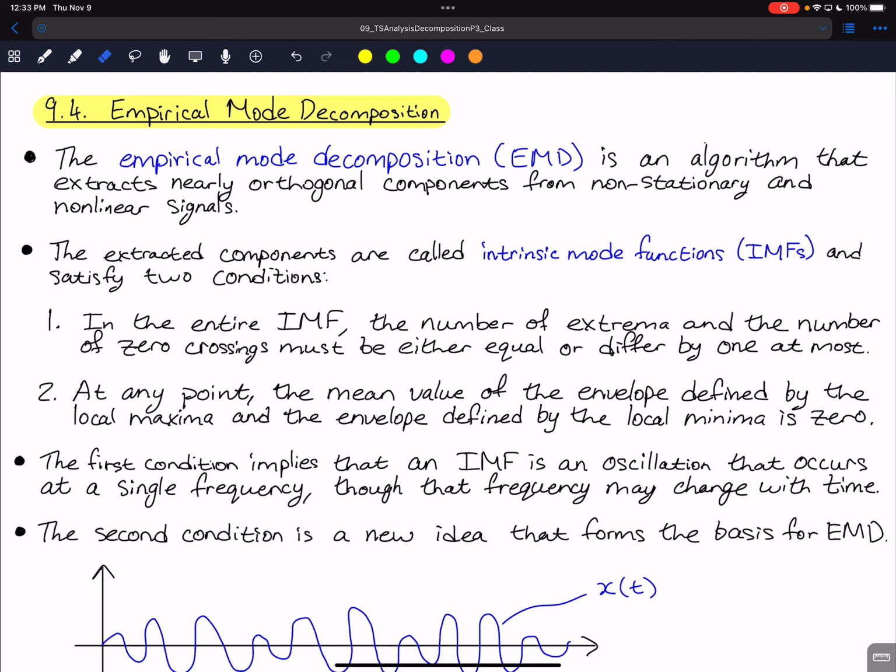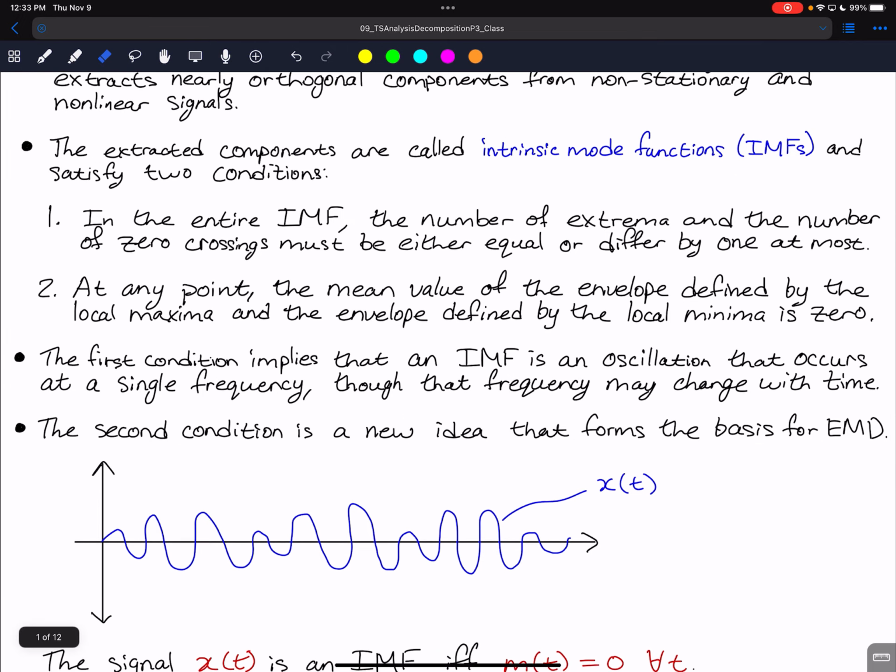That first condition is something that's been well established, particularly for narrowband signals, particularly linear signals in general. So in terms of signal processing, it's not really that new. EMD is now almost 30 years old, so it's not necessarily new. But in terms of what we've covered in signal processing in general, the first point is not that new, and the second one is the new idea that is introduced by EMD and forms the basis for it.